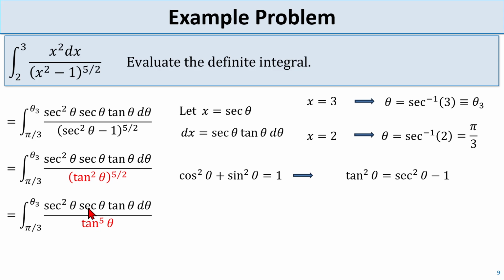Like I've got secant squared times secant, and tangent over tangent to power 5. Turns out that the best thing to do is write it all in terms of cosines and sines. And after you cancel and simplify this expression, you end up with cosine to the power 1 of theta over sine to the power 4 of theta.